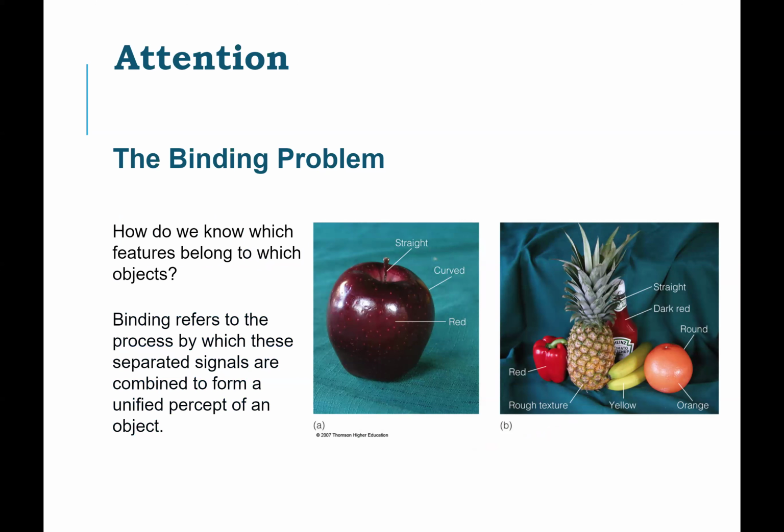So how do we know which features belong to the same object? Many factors go into it, but space is a big factor. Things that are next to each other in space are likely part of the same object. It's not even easy to define what an object is.